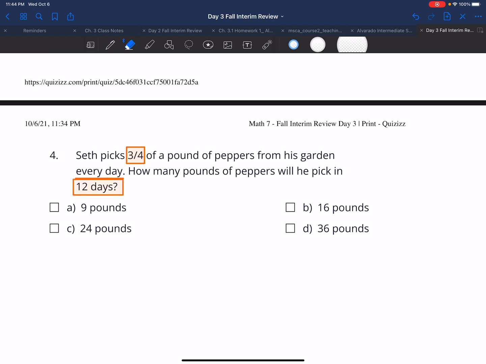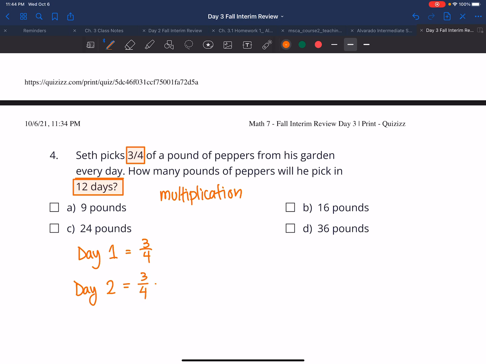So if you don't recognize this is multiplication, then you need to write for yourself: day 1 is 3/4 pounds. Day 2 is 3/4 plus 3/4, right? Or you can say 3/4 times 2.